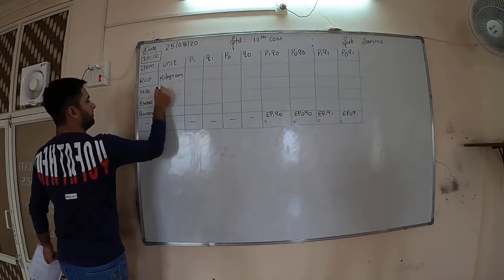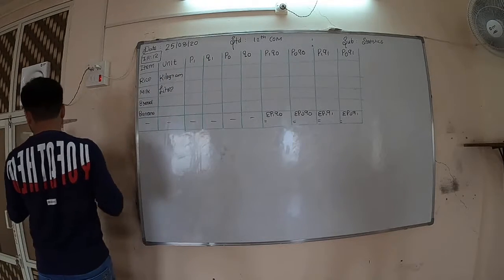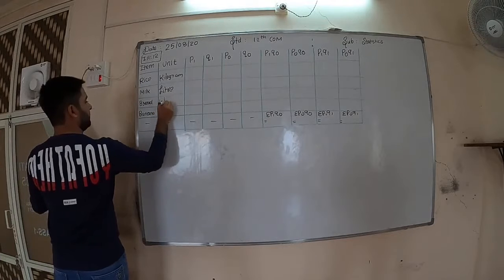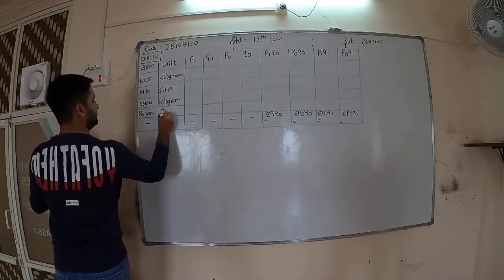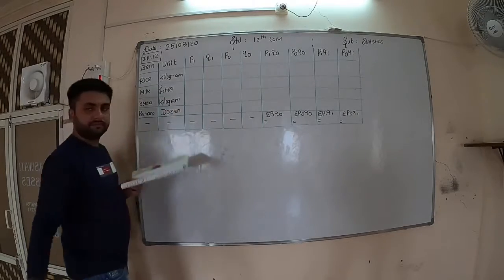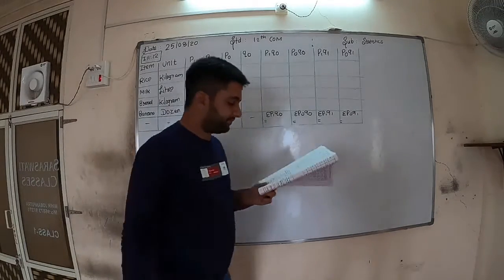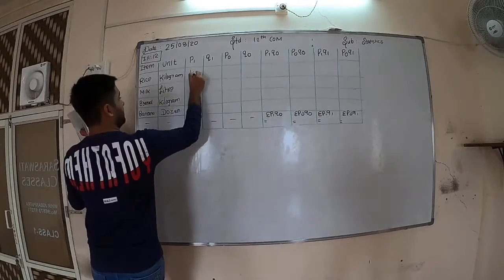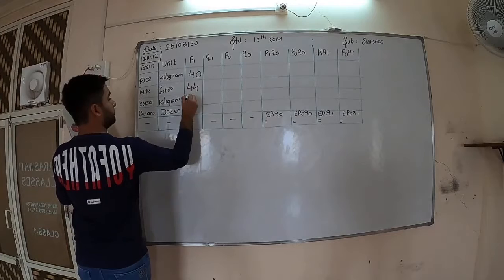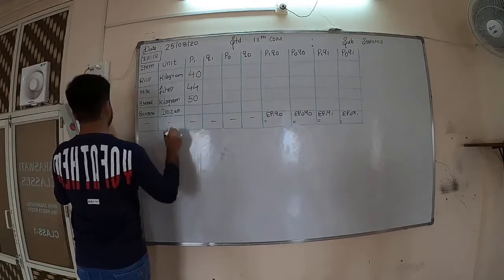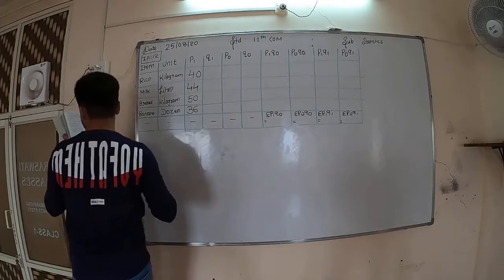Kilogram, liter, kilogram, dozen. Price 40, 44, 50, 36.